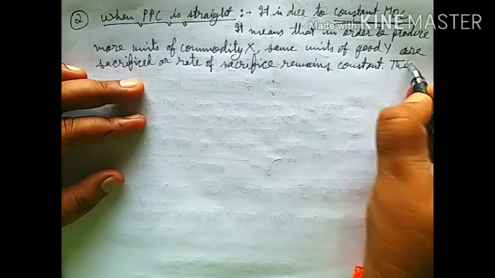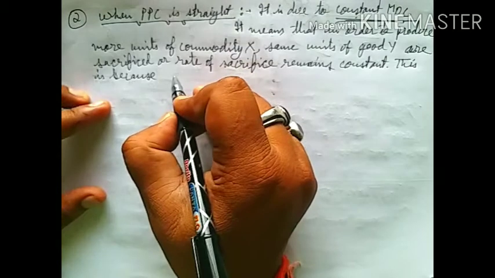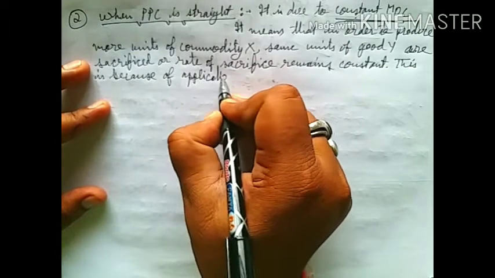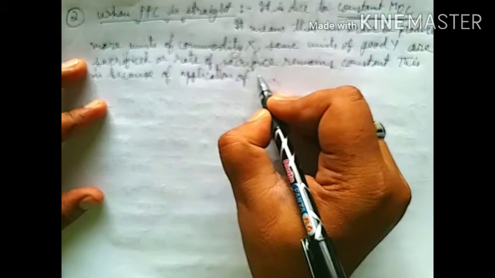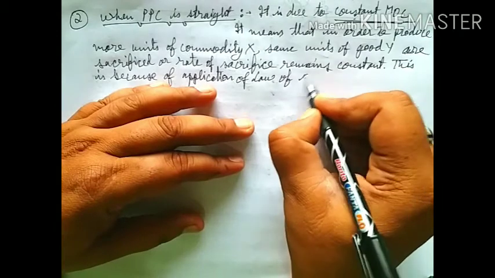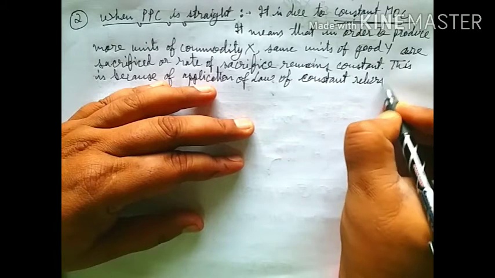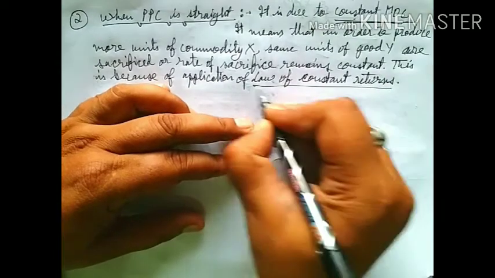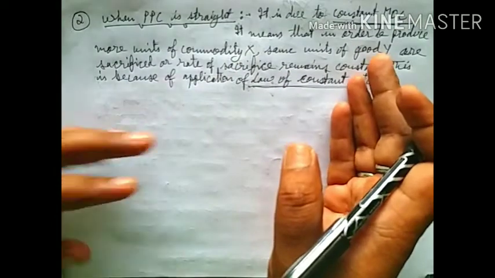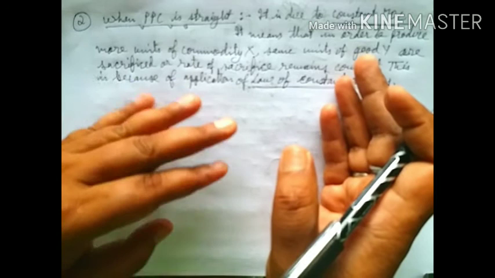Students, this is because of the application of the law of constant returns. Students, the law of constant returns tells us that the producer will get equal returns as much as he will invest.